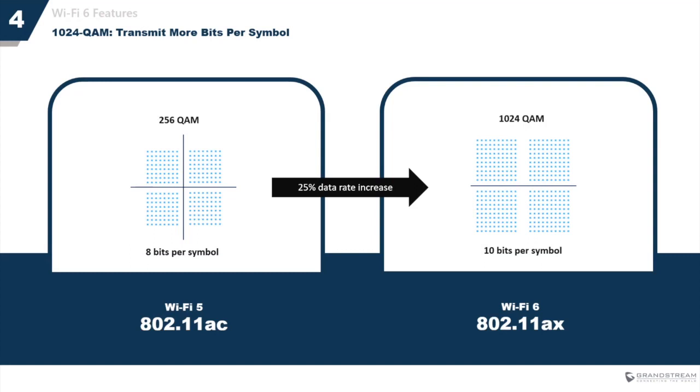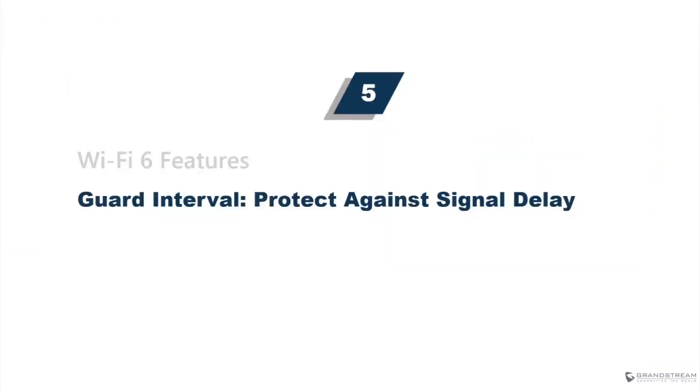So while 256 QAM modulation in 802.11ac carries 8 bits per symbol, 1024 QAM in Wi-Fi 6 carries 10 bits of data per symbol, which increases data rate by 25%, and it achieves this by including more data in each transmission. In a nutshell, higher QAM levels increase the data rates by constructing signals that carry more bits per second.